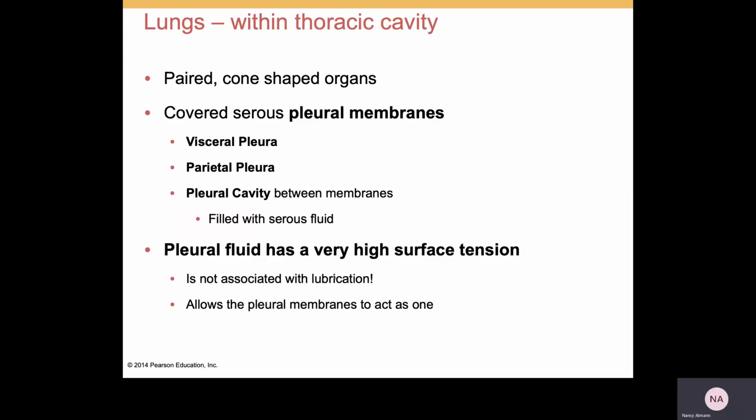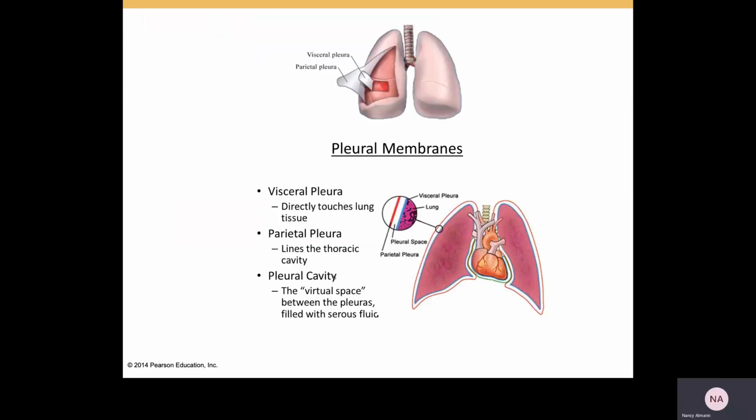Who remembers? The heart. The pleural fluid does not mean that you need to have lubrication. It is going to allow the pleural membranes to act as one. And we'll talk more about this soon.